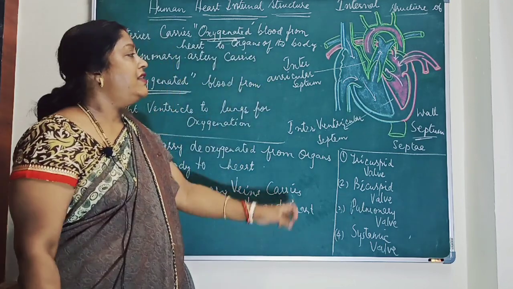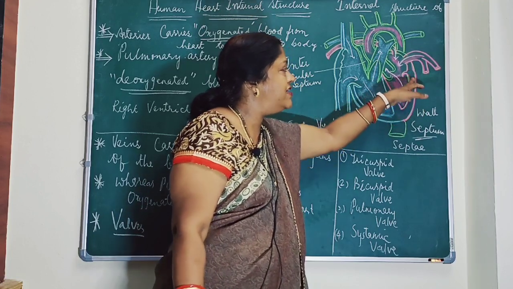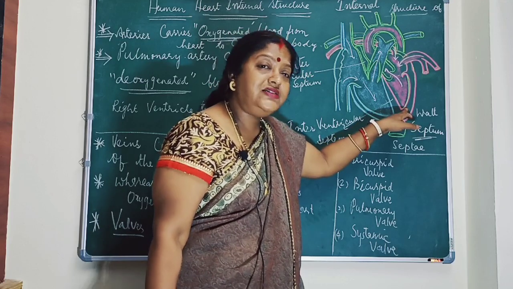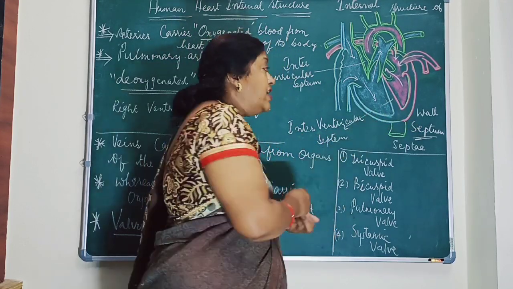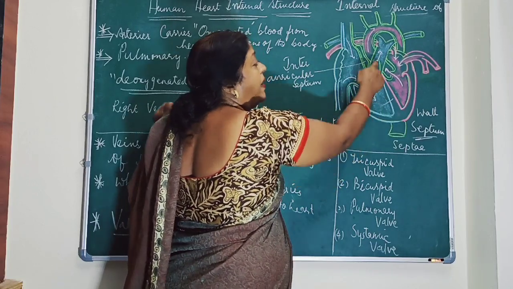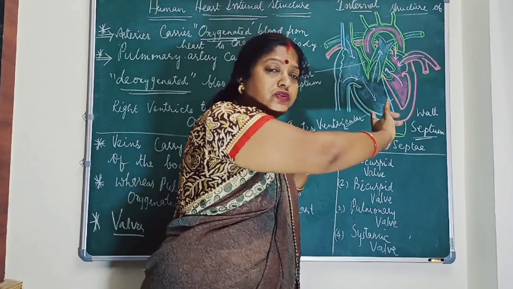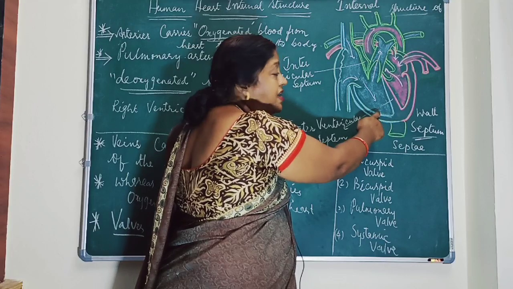And next, the walls of the left ventricle. Here you can see, children, the walls of the left ventricle are much thicker than the right ventricle, because the right ventricle pumps the blood to the lungs, which are very close to the heart, and so the wall is thinner here.